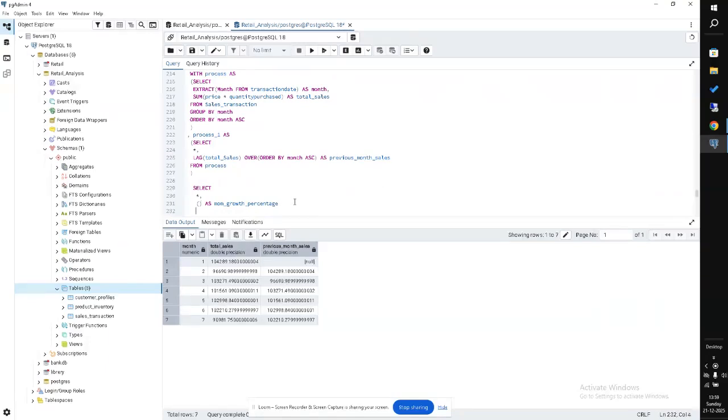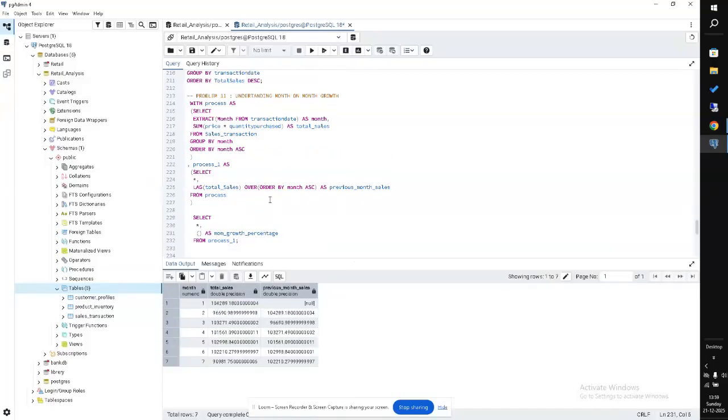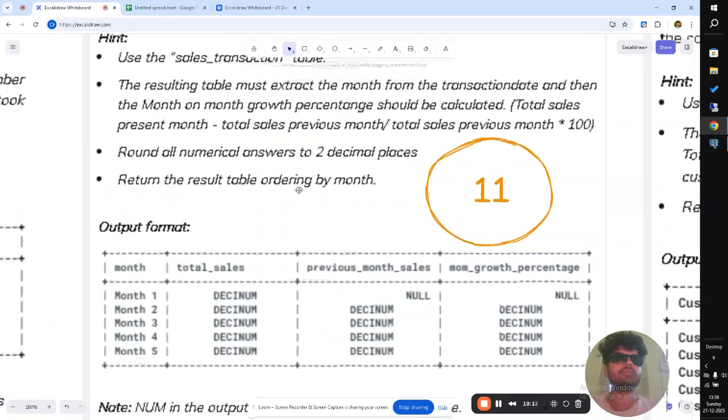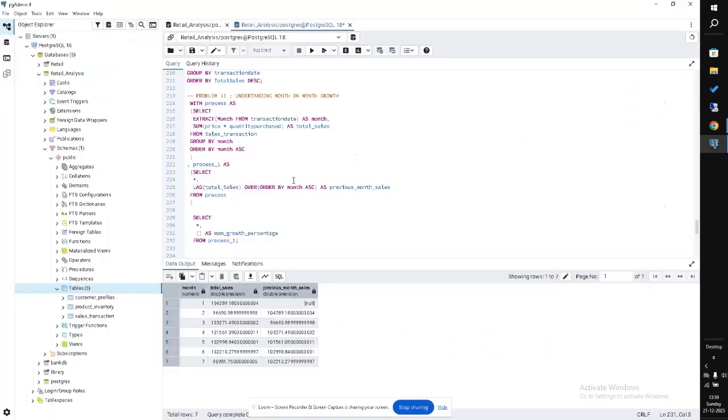Let me do one thing, from process one. They are saying total sales present month minus total sales previous month, divided by total sales previous month, into 100.